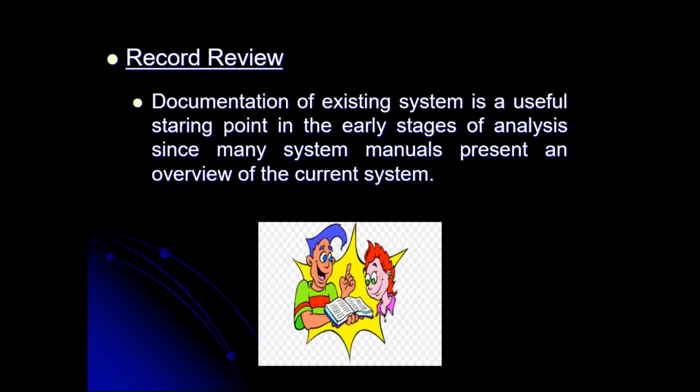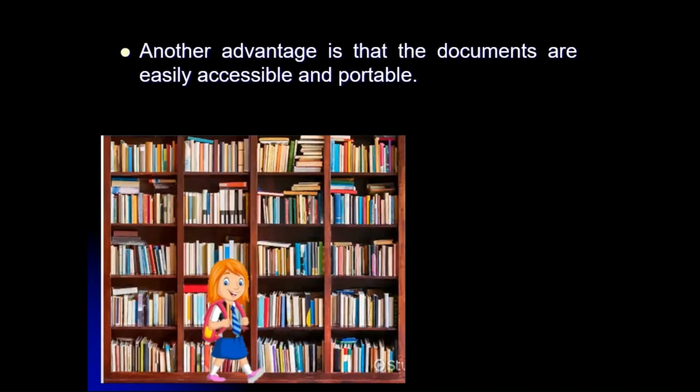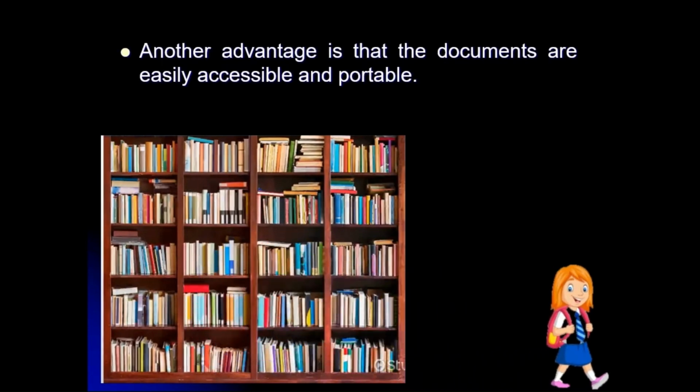Other than this, there are two other important advantages of this method. One is these documentations are freely available, easily accessible, and also they are portable. So you can take the documentations, you can take your own time and review these documentations.